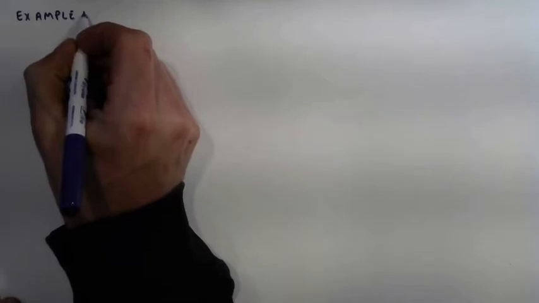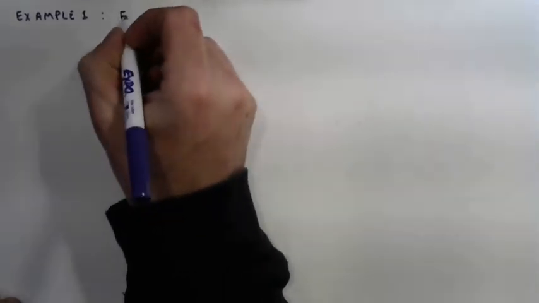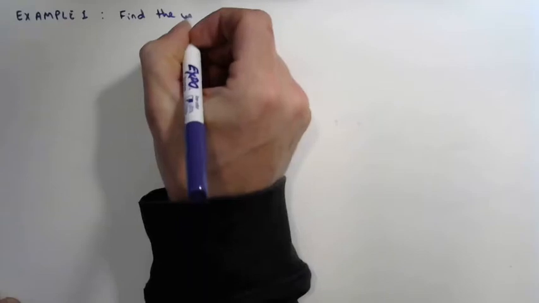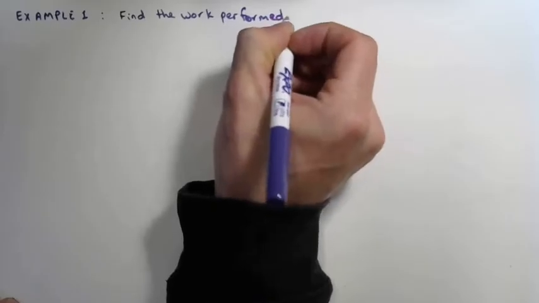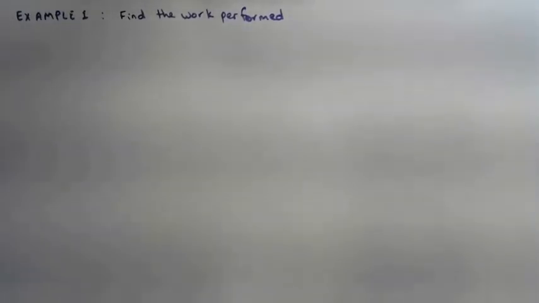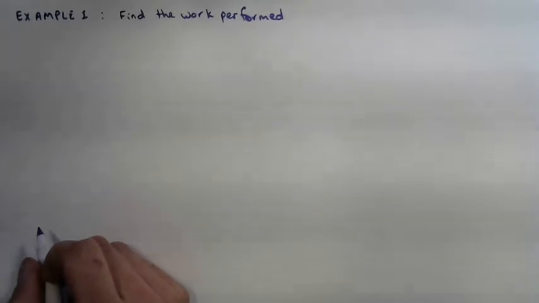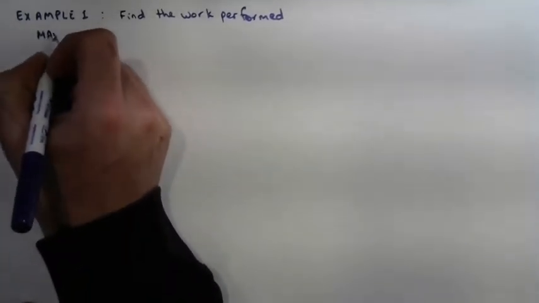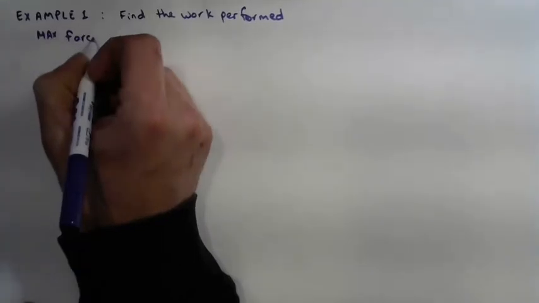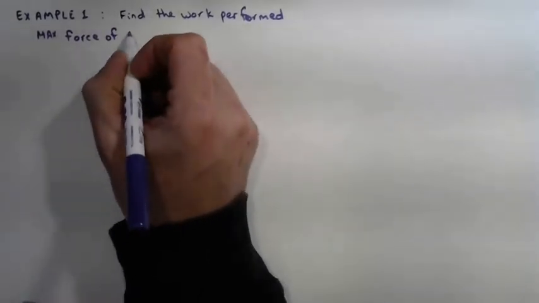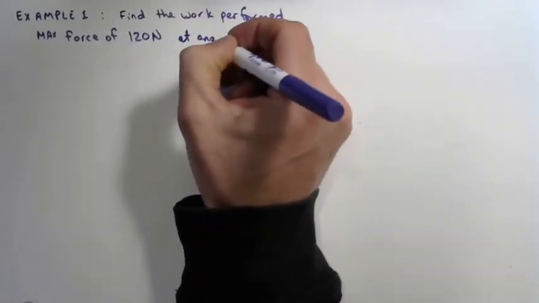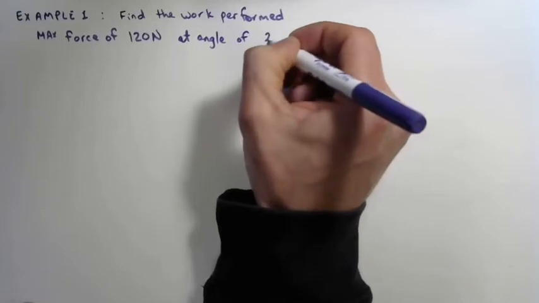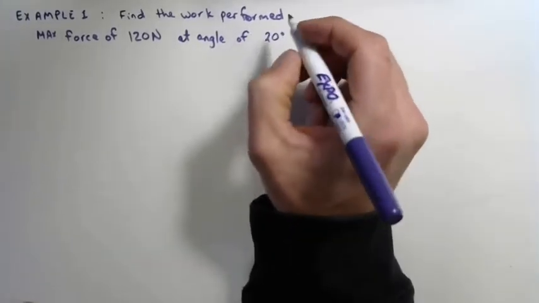In example 1, we're going to find the work performed. We've got Max. Max is pulling his sled up a hill, and Max has a force of 120 newtons at an angle of 20 degrees to the surface of the hill.